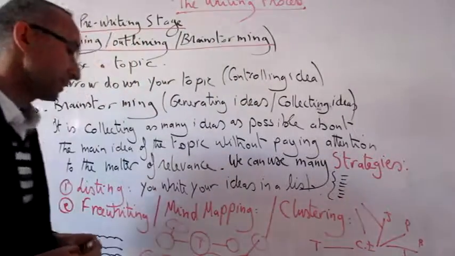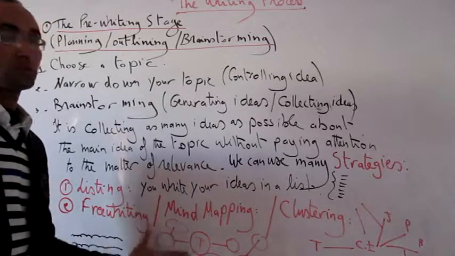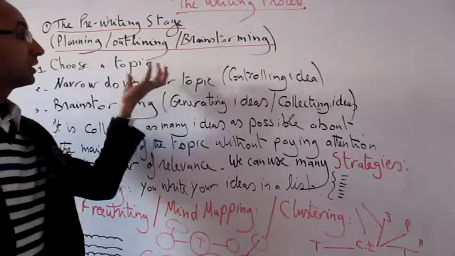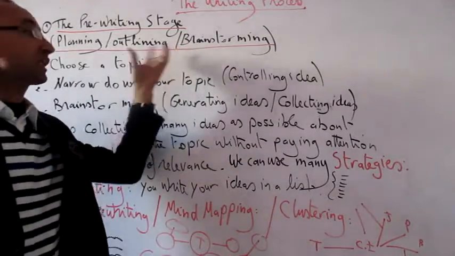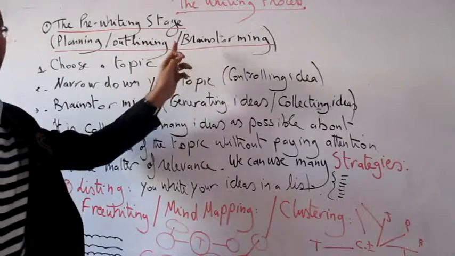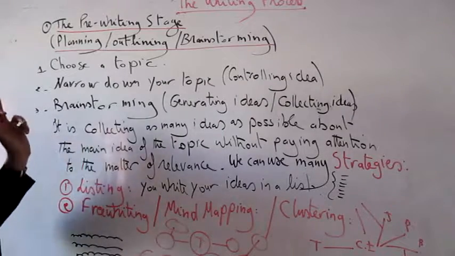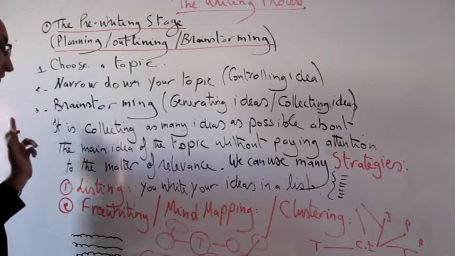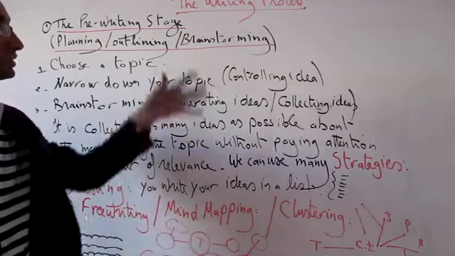Right. So these are the three strategies you can use, or adapt, in your brainstorming step. As you see, the stage is itself named brainstorming because this step is the essential and the most important part in the whole pre-writing stage, the first stage.